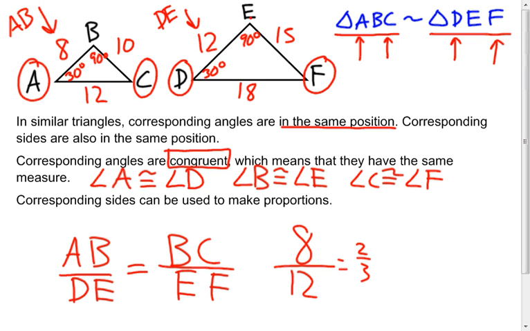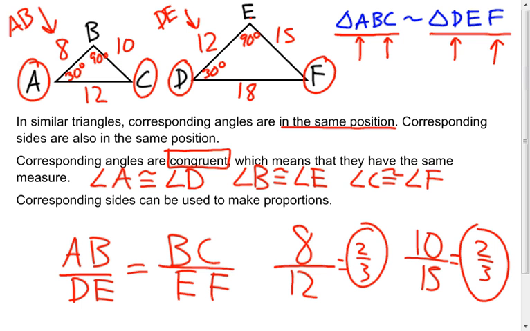BC is 10, EF is 15, and if I simplify that fraction, I get 2/3. If my triangles are similar, all of the corresponding sides will end up simplifying to the same fraction. We'll see why that's useful when we do the next example problem.